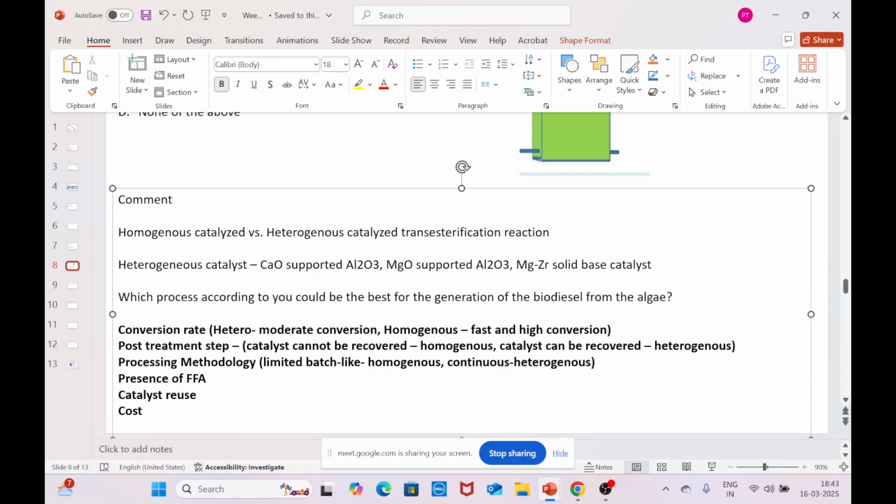Presence of FFA, free fatty acid, does it affect in case of homogeneous? It does affect, right? In case of homogeneous. But in case of heterogeneous, it does not affect.